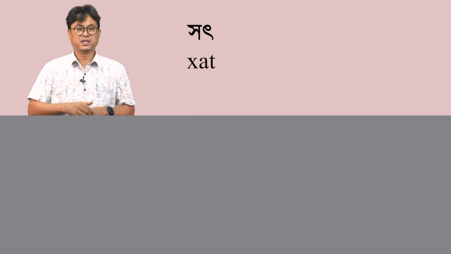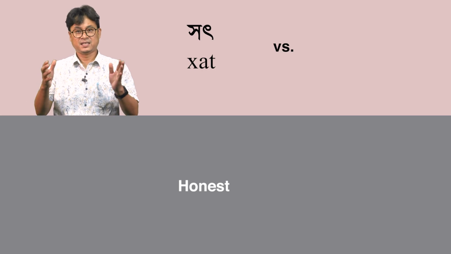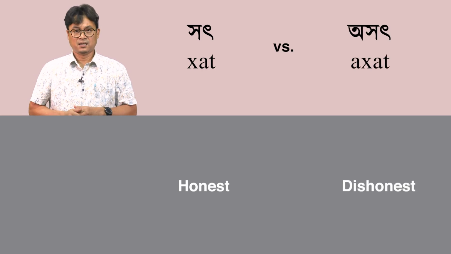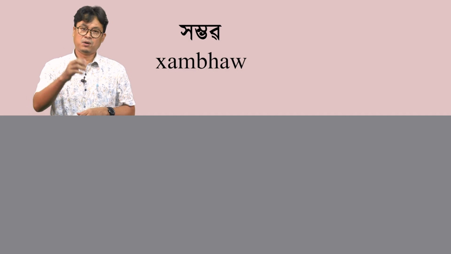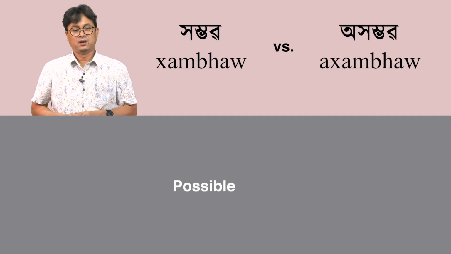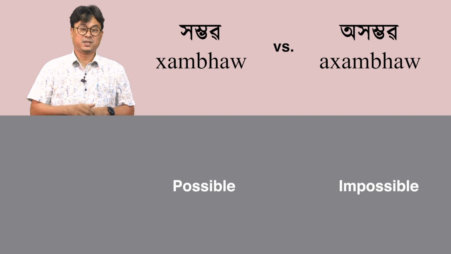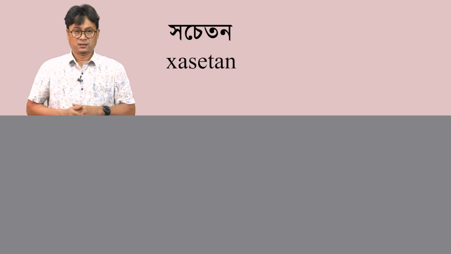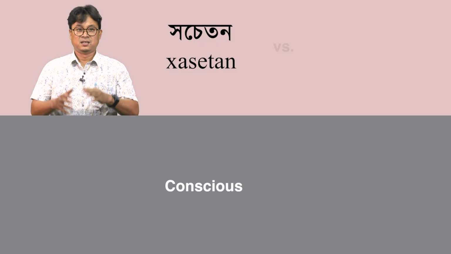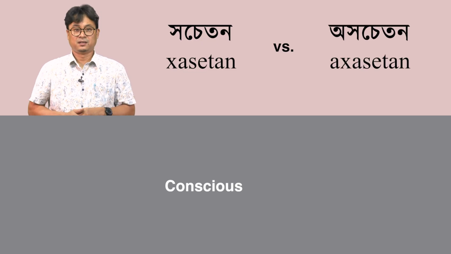For example, hot means honest versus ahot. Ahot means dishonest. Hombhop means possible versus ahombhop. Ahombhop means impossible.